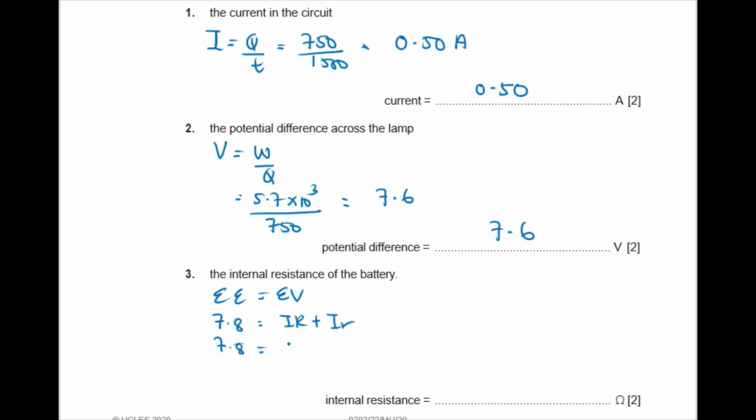We have the potential difference across the lamp, we calculated 7.6, plus current 0.5 times R. So R equals 0.4 ohm.